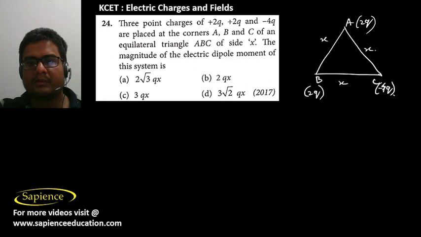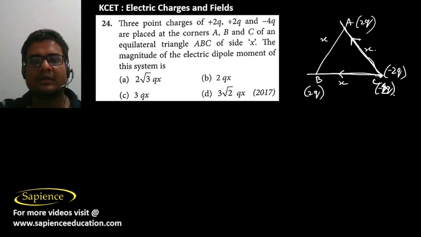Here we can say this is one dipole, and this minus 4Q I can split as minus 2Q and minus 2Q, so this is one dipole along CA and this is another dipole.